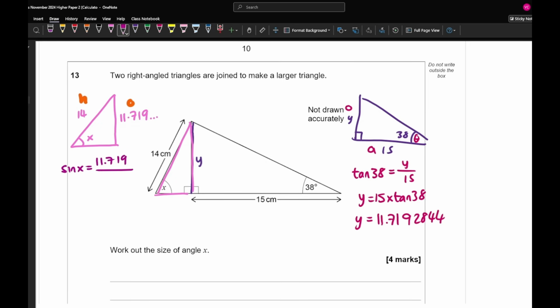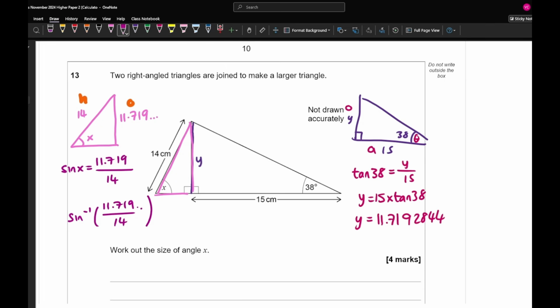11.719 over 14. Now in order to find the angle, I need to use the inverse of sine. So I do the inverse sine of 11.719 over 14. If you've still got the 11.719 on your calculator, I would use that value. So you just do inverse sine and the fraction of your answer over 14.